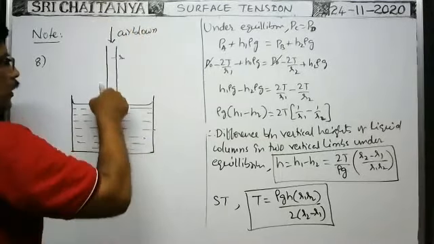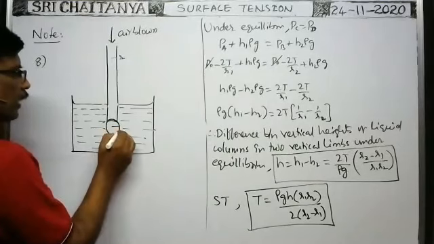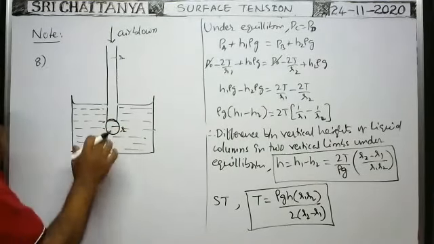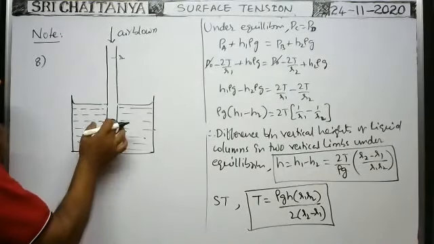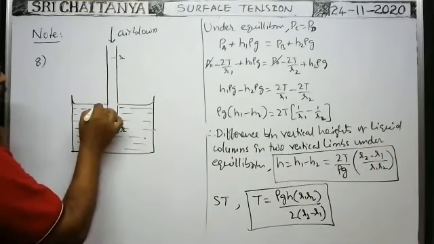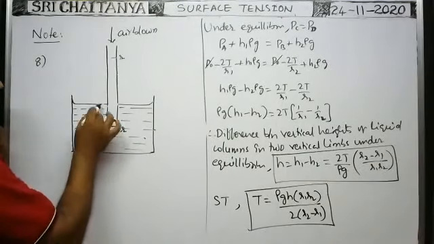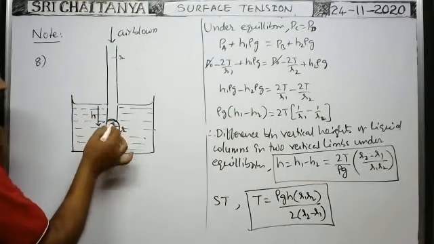Air is blown into this with a certain pressure, so that a bubble of radius small r is produced at the bottom of the capillary tube. The bottom of the capillary tube is at a depth, say small h. When compared with the height, the radius of the bubble is negligible.